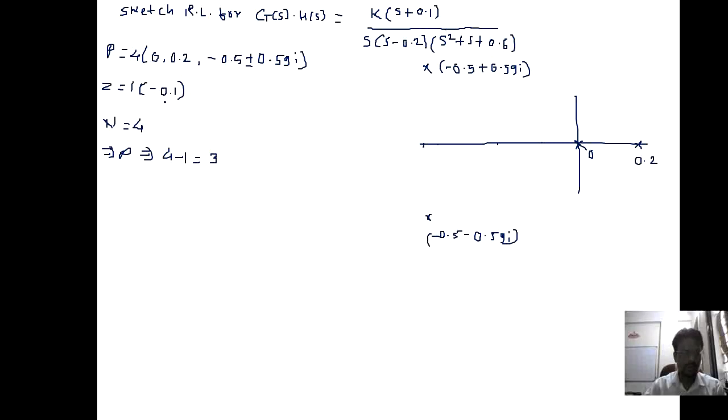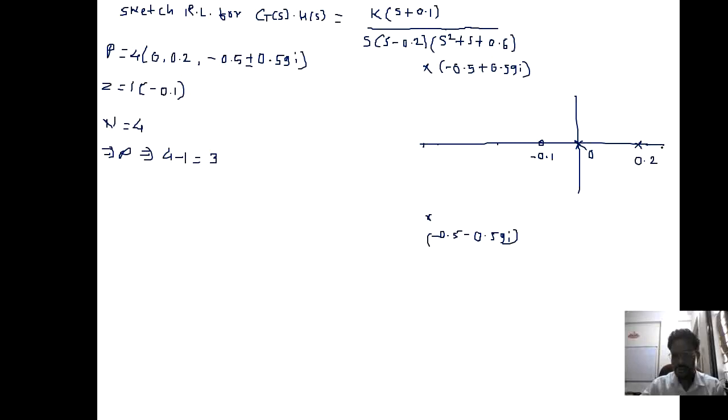Then we have 1 zero at minus 0.1. Suppose our scale is 1 centimeter equal to 0.1 unit. Mark all the poles by cross and zeros by circle.